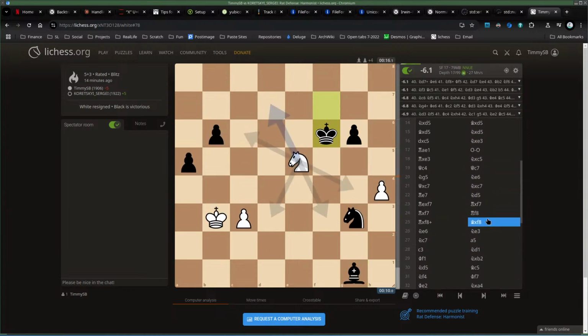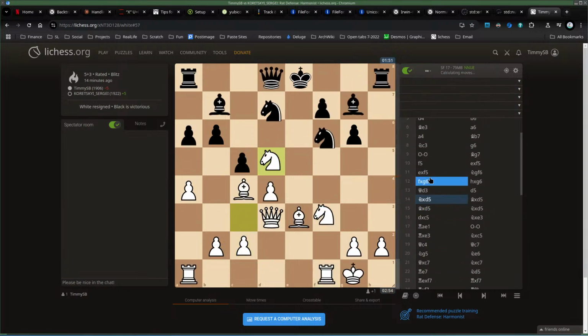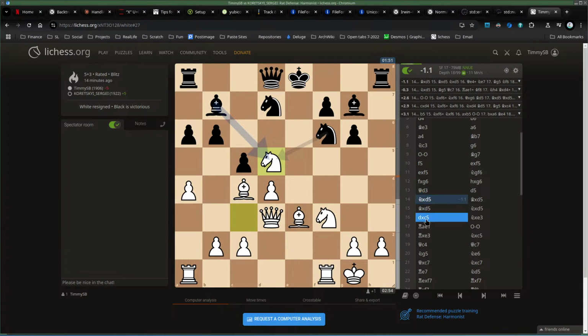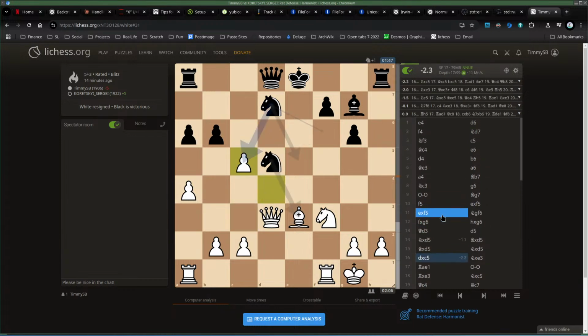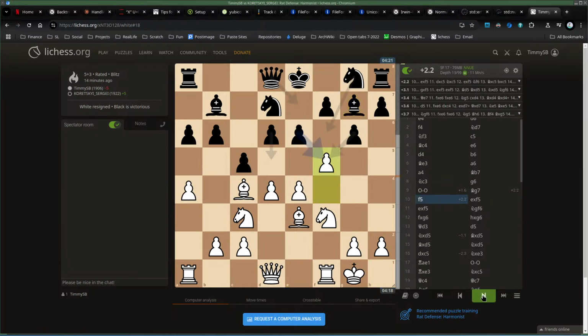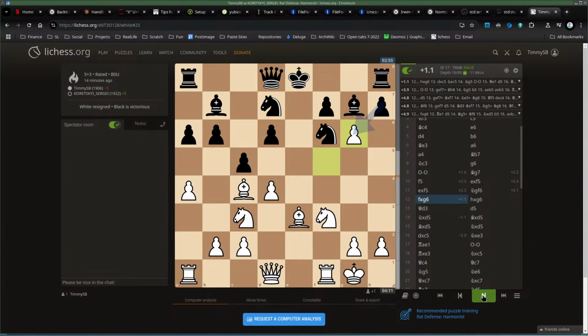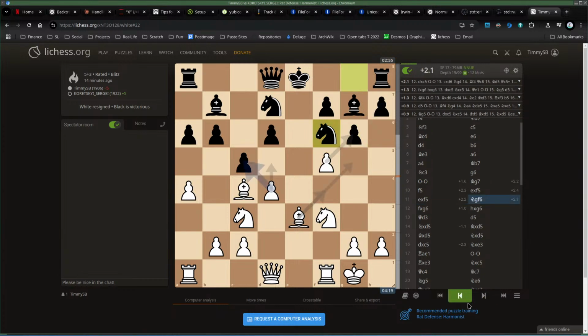Black is winning. Black is winning. Black is semi-winning. Okay, this was like lost forever. +2, +2, +2, +1. Should not have taken there yet.